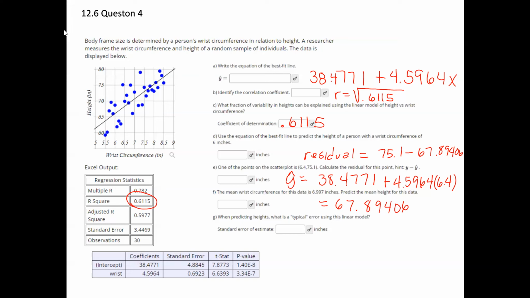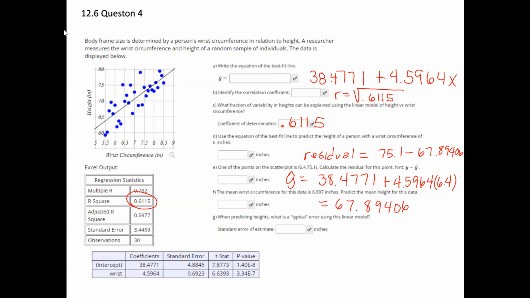If the mean wrist circumference for this data is 6.997, so the average of all the X's, because you're taking ordered pairs, X is wrist circumference, Y is height, predict the mean height then.